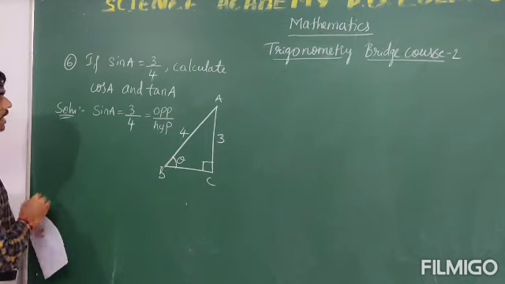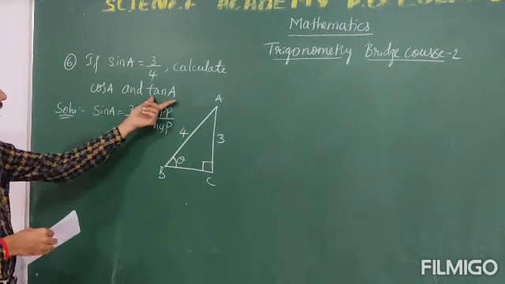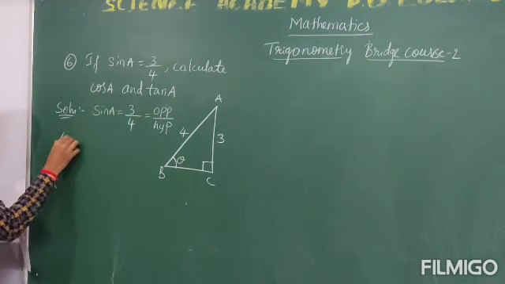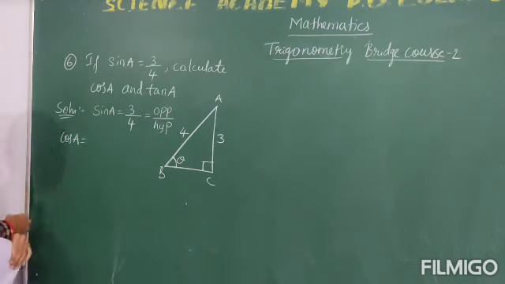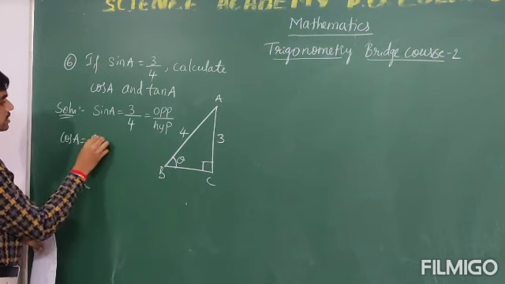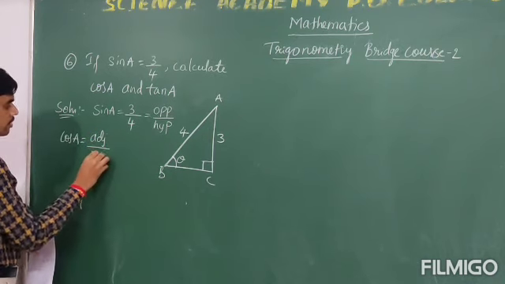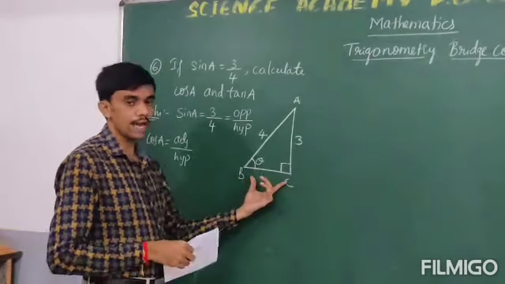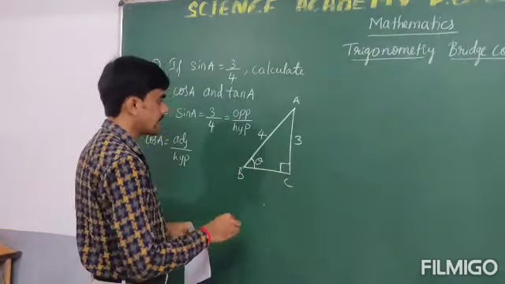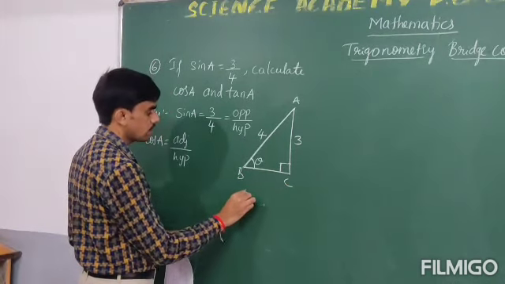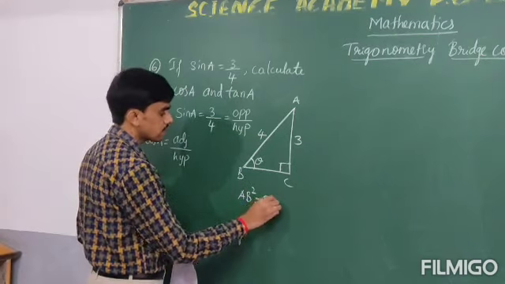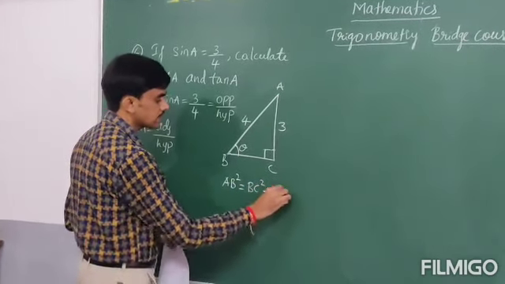Okay, so we have to calculate cos A and tan A. But cos A is what? Cos A is equal to adjacent side by hypotenuse. How to calculate the adjacent side? We have to take AB square is equal to BC square plus AC square.